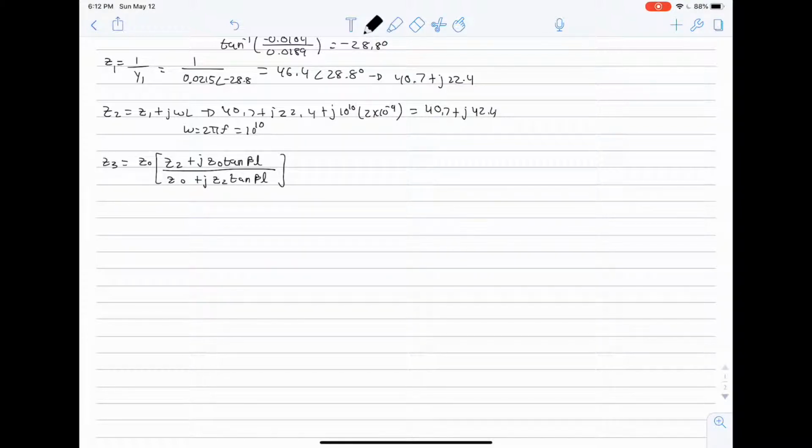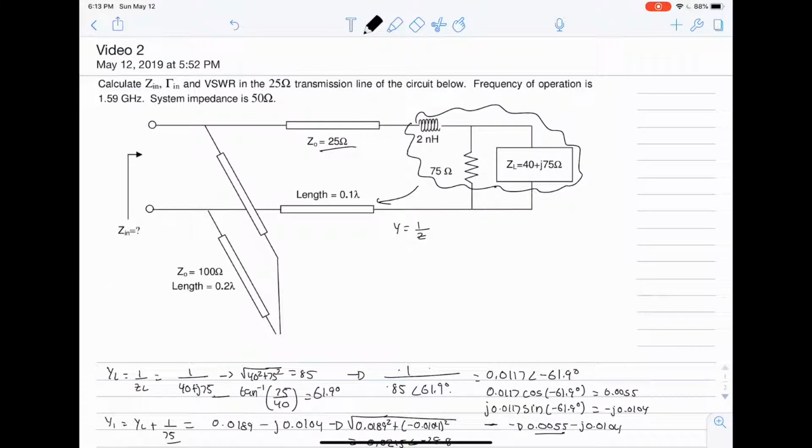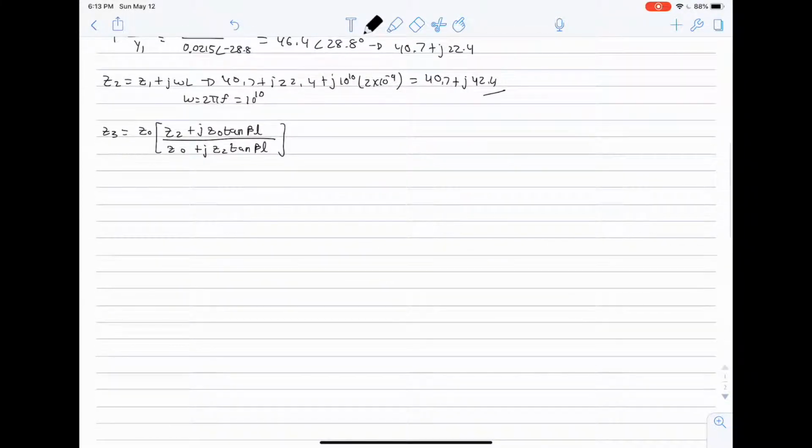We know our Z2, which is this, and we know our Z0, which is 25 ohms. We don't know our βL, so we can calculate βL because β equals 2π over lambda, and our L, as we said, is 0.1 lambda.